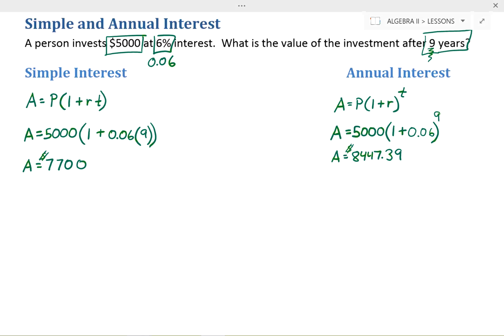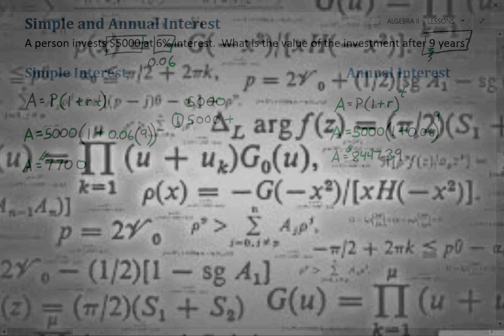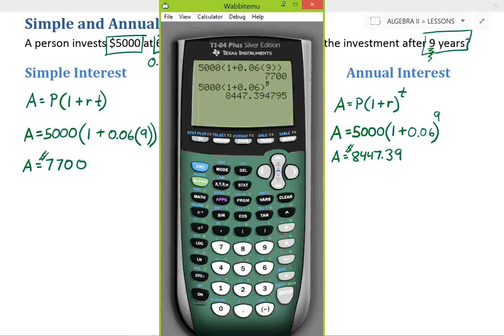So simple interest, here's how it operates. You have your starting amount of $5,000. So starting with $5,000, after 1 year, you have your $5,000 plus 6% interest. So that's 6% interest.